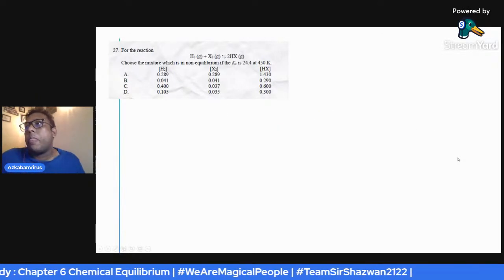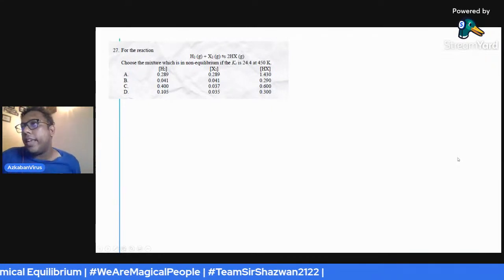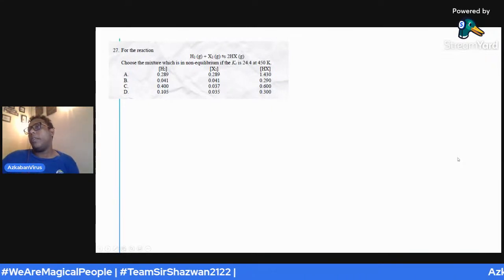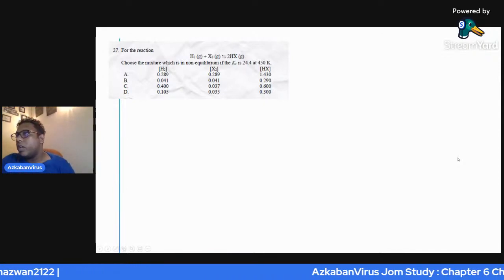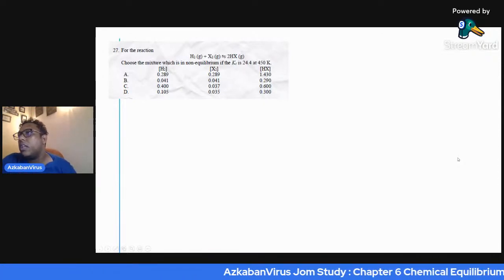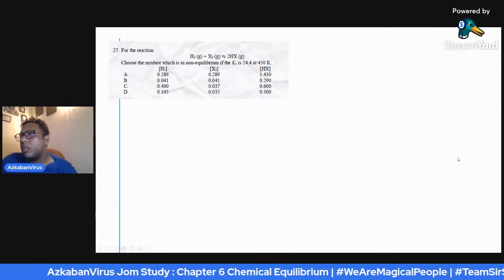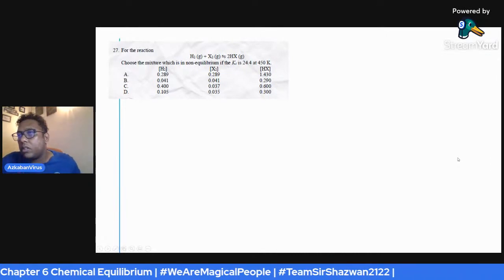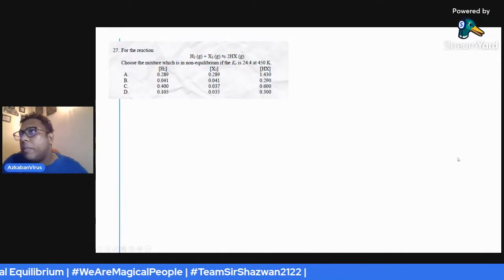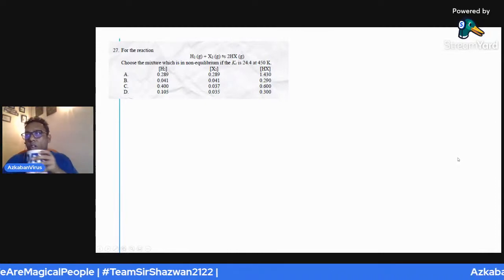Okay, next one. For the reaction H2 plus X2 jadi 2HX, choose the mixture in which non-equilibrium if the Kc is 24.4 at... dia suruh kita check antara semua ni yang mana tidak at equilibrium.